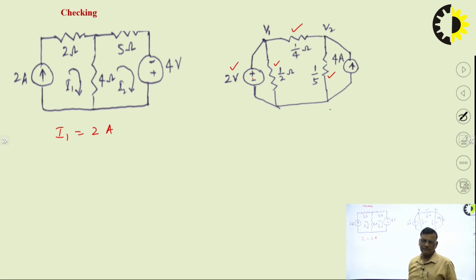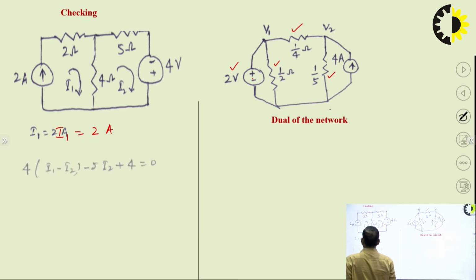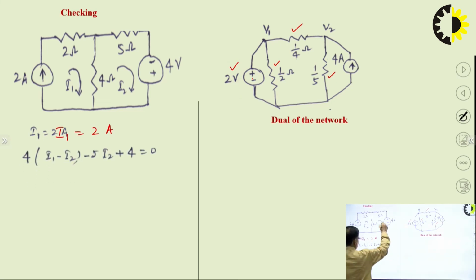My question is whether we have drawn this dual network correctly or not. How will we check it? Come here, find the value of I1, which is 2 ampere. Now apply Kirchhoff's voltage law in this loop, say A, B, C and A. From A to B we are moving against the direction of current.